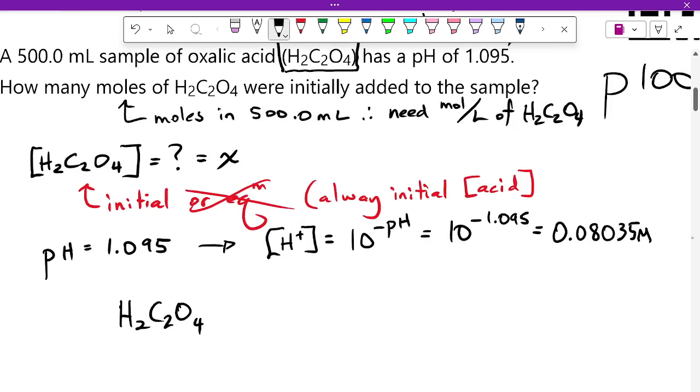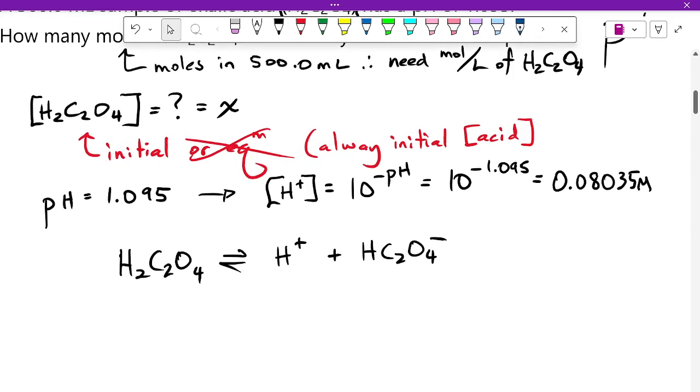H2C2O4 in equilibrium with H plus and HC2O4 minus, that's our R. And you'll notice, how many hydrogens did I take off? Just one, because only the first one is important when it's on its own.